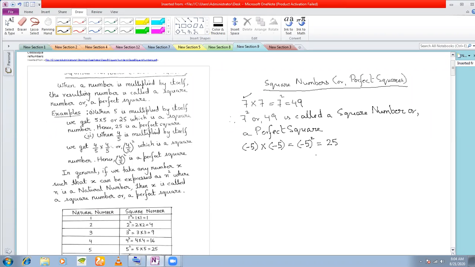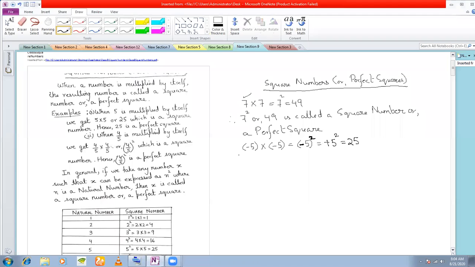Because from the laws of indices, if you remember, from the laws of exponents, there's a negative sign here and then an even power. So what happens when I take this negative number out of the bracket and there's an even power? This negative number becomes plus 5 square, which is 25.